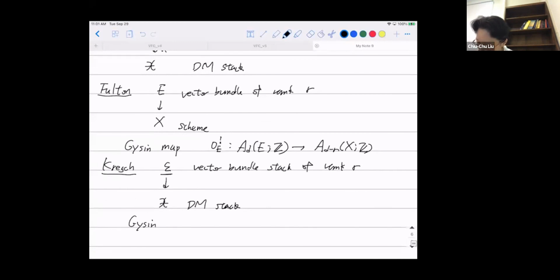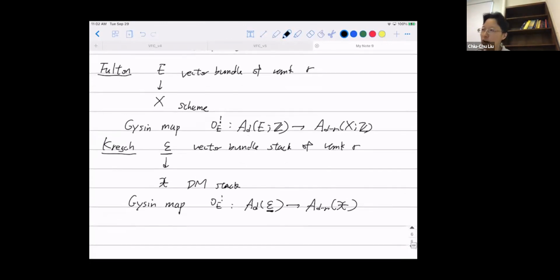Then in this setting, one also has a Gysin map, now with Chow group with rational coefficients, from this Artin stack curly E to the Chow group of the base.